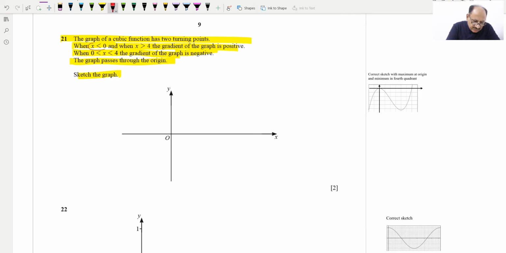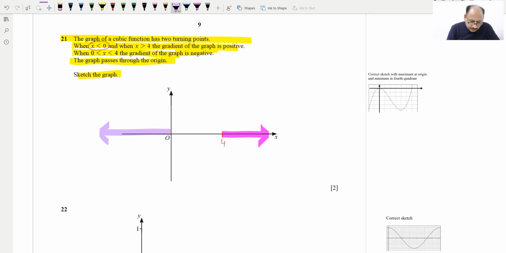When x is less than 0, x will be this side, and when x is greater than 4, so we can take x is equal to 4, like for example at here x is equal to 4, and they're saying when it is greater than 4, this portion will be greater than 4, and this portion will be less than 0.